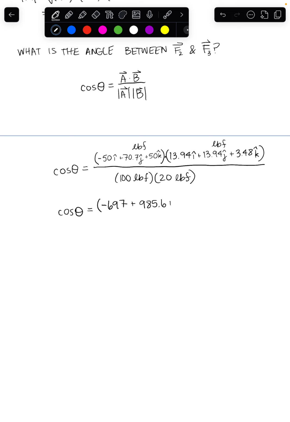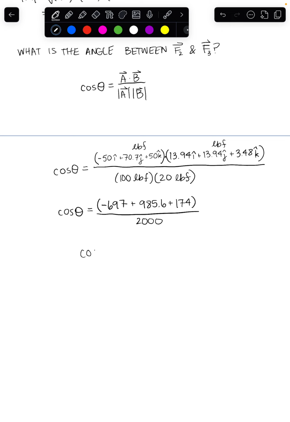And then lastly, we need to add 50 times 3.48. It's 174. Okay, and divided by 100 times 20, that's 2,000.